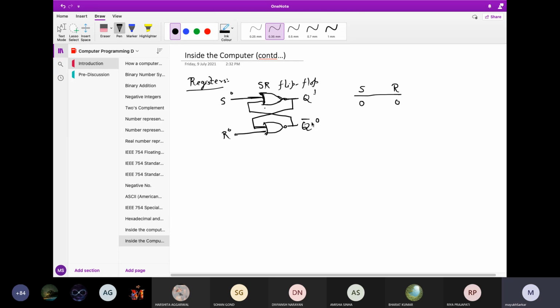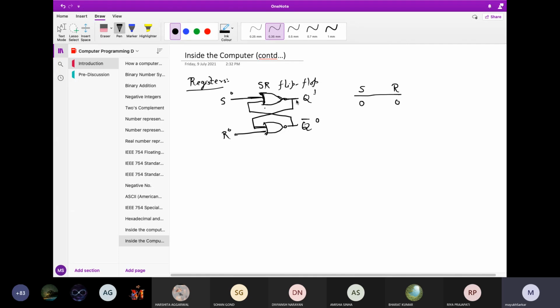Check it out. If S and R both are always kept at state 0, no matter what happened, Q will always be in state 1 and Q bar will always be in state 0. Right. So it has somehow held the state Q.